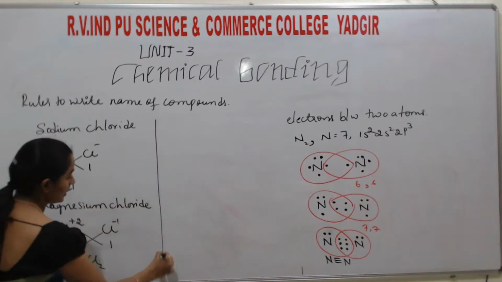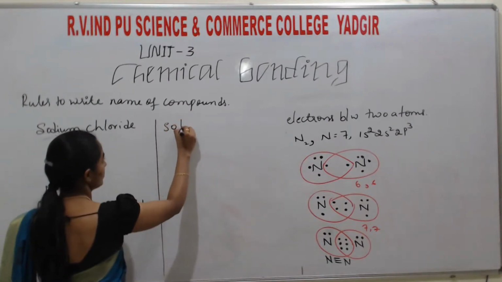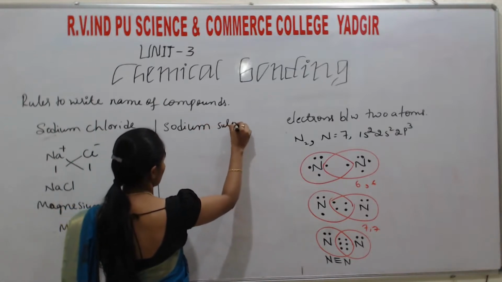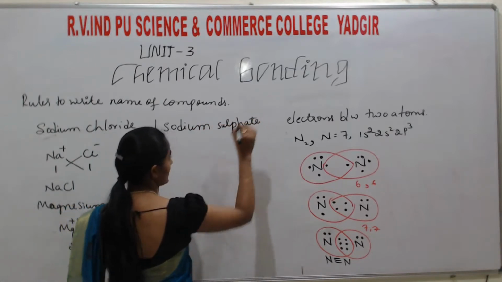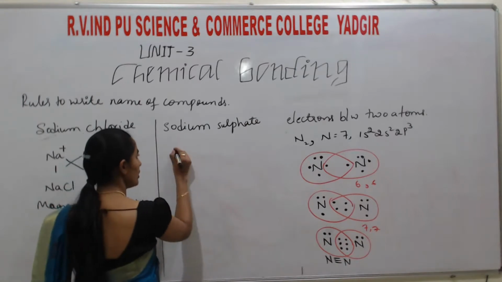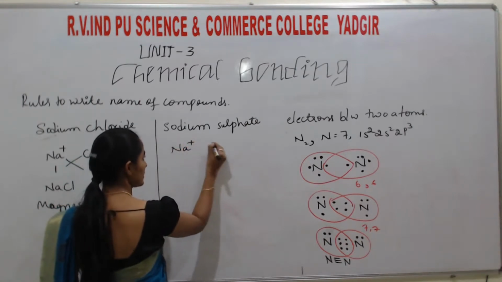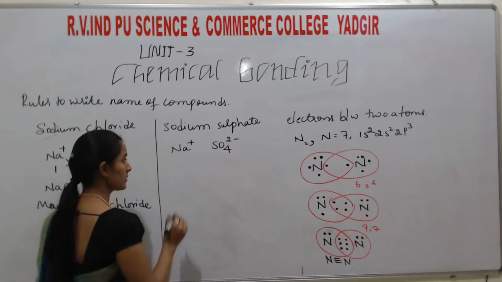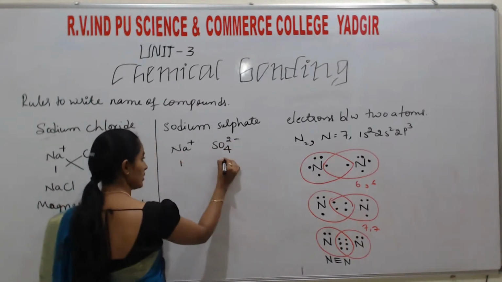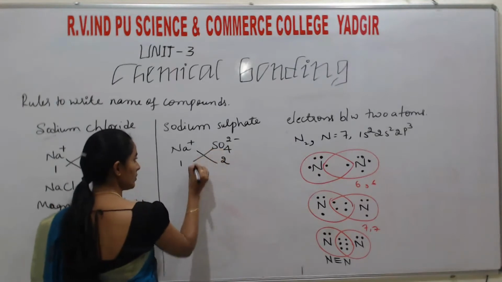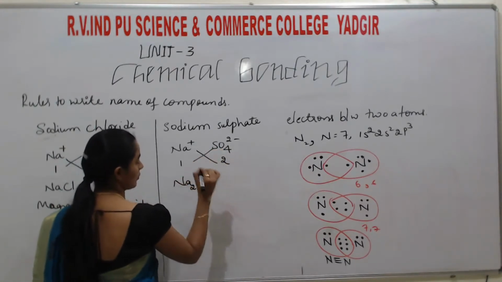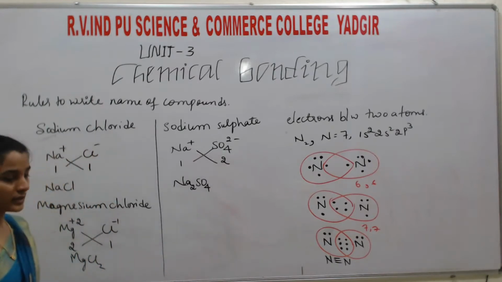Understand? Similarly, if they give sodium sulfate, so sodium is Na plus, sulfate is SO4 2 minus. So here this is 1, here this is 2. If you cross multiply, you will get Na2SO4. Understand?